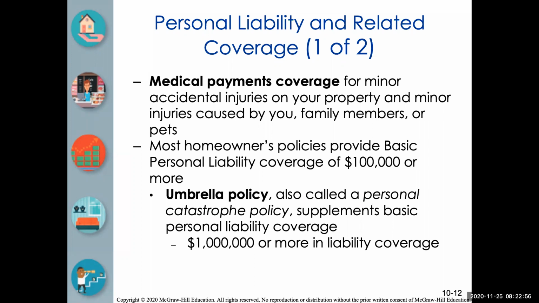Typically, this policy would kick in once all the other policies have exhausted themselves. It's very rare that this would ever get used, which is also why it's not very expensive. You can get a $1 million umbrella policy for relatively cheap.